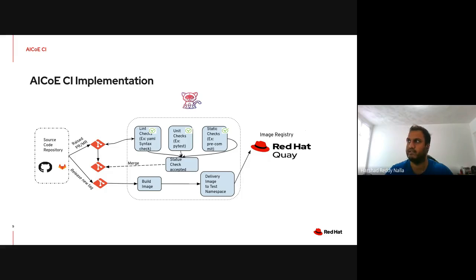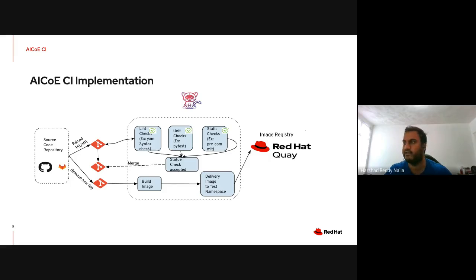With this implementation, what we wanted is flexibility of releasing and also for the code tests. So it works basically like this. You have your source code, you set up the bot, and then on each pull request, it will do some checks. If the checks are great, if everything is green, then it will merge it.